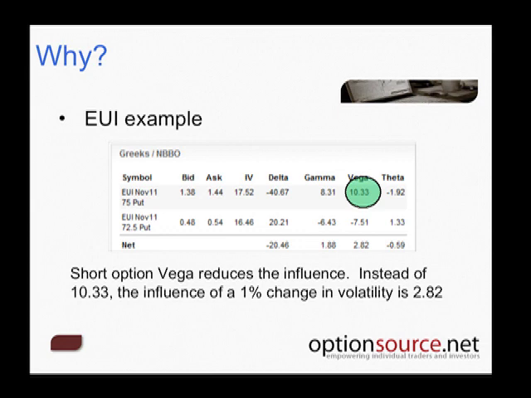Now, the reason for this is that the short Vega, which is sitting here at 10.33, and I'm using the EUI as an example, and this is the put option, is actually offset by the long Vega, which is the November put option here, the 75 strike.